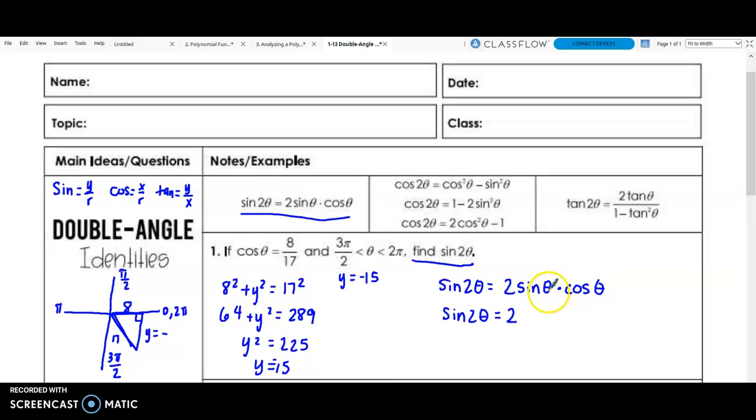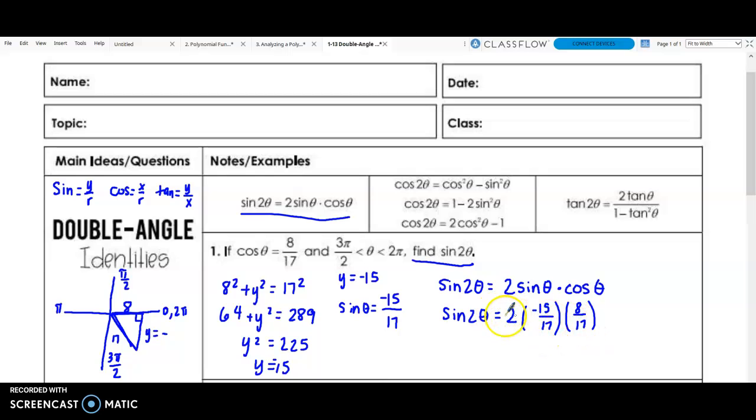So we're looking at sine of theta, and sine is y over r. So y we just found is negative 15, and r is 17. So sine of theta is negative 15 over 17, and cosine theta was given to us as 8 over 17.